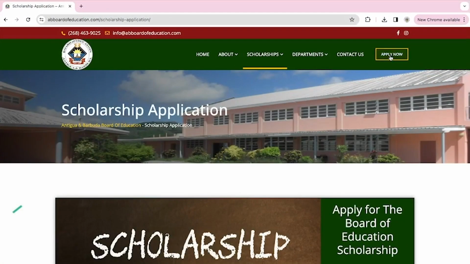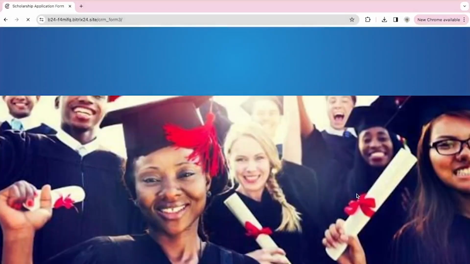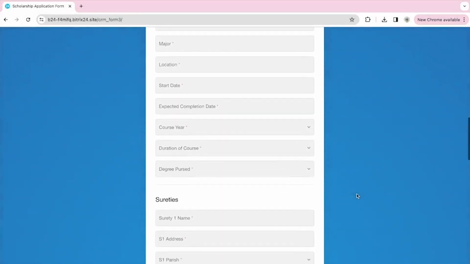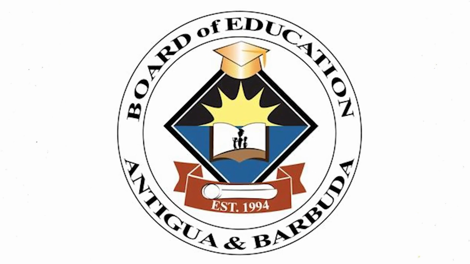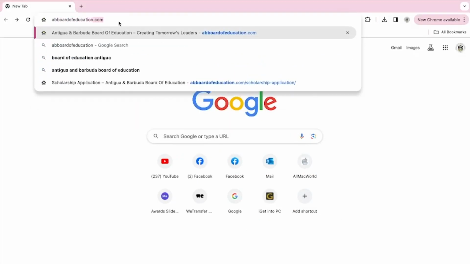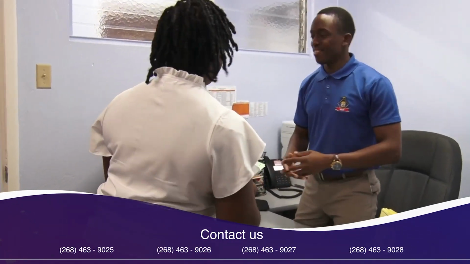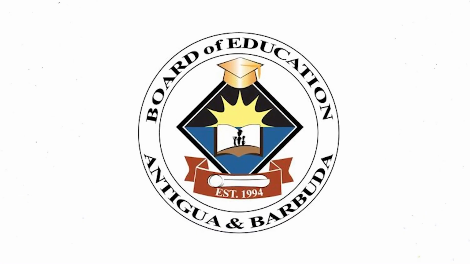Scholarships are available for those wishing to pursue an associate's, bachelor's, or master's degree locally, regionally, and internationally. Individuals reading for PhDs are also supported. We are the Board of Education. For more information, visit our website at www.abboardofeducation.com or call us today at 463-9025, 463-9026, 463-9027, or 463-9028.